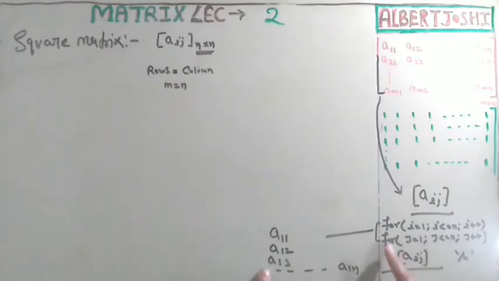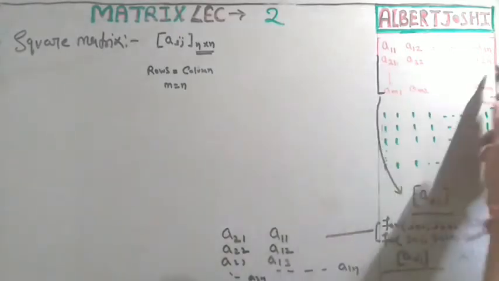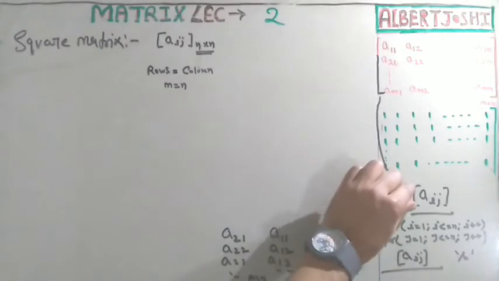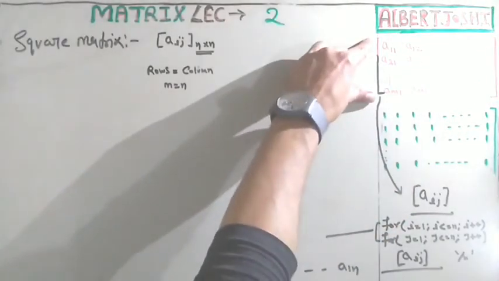Then i is equal to 2, and j is equal to 1 to n will work: A21, A22, A23, up to A2n. So this is the second row. That is the short form of representation of such a big matrix.